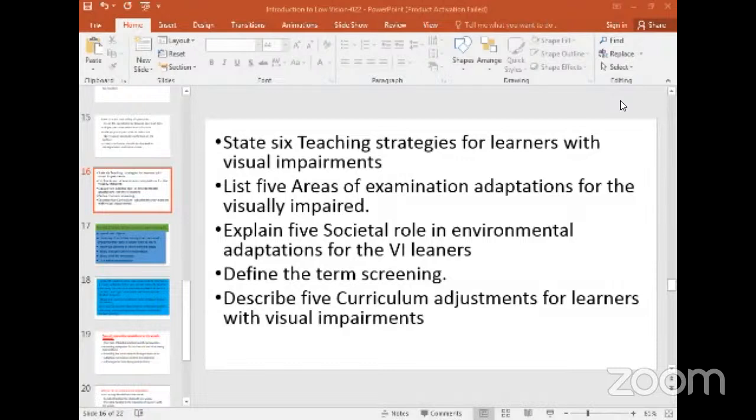This is from Susan: providing learners with learning materials and assistive devices. So remember that when we talk about the environmental adaptations, we are talking about what factors in the environment could be adapted to suit these learners.